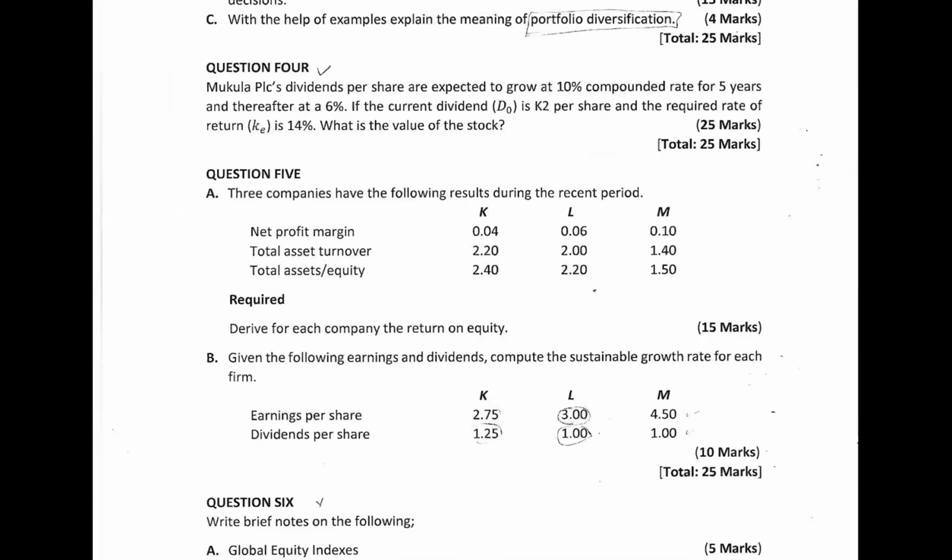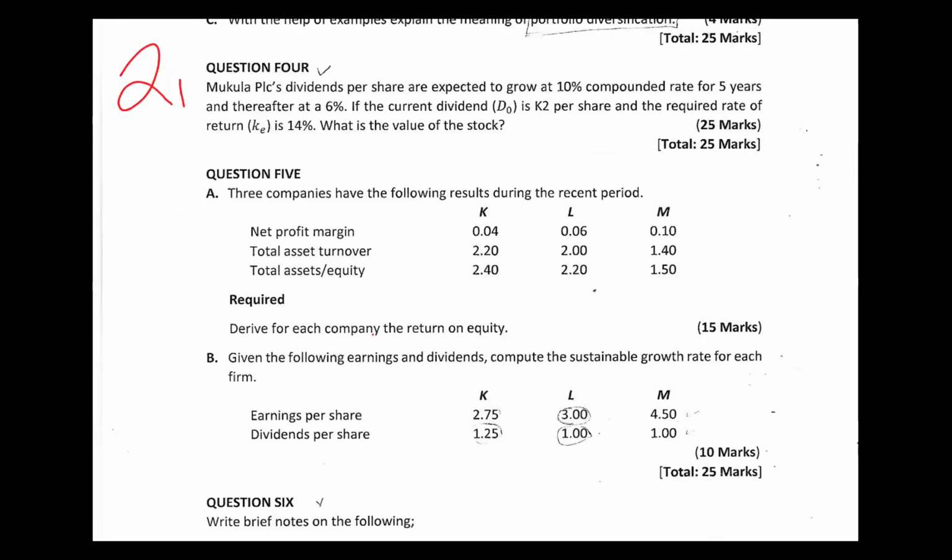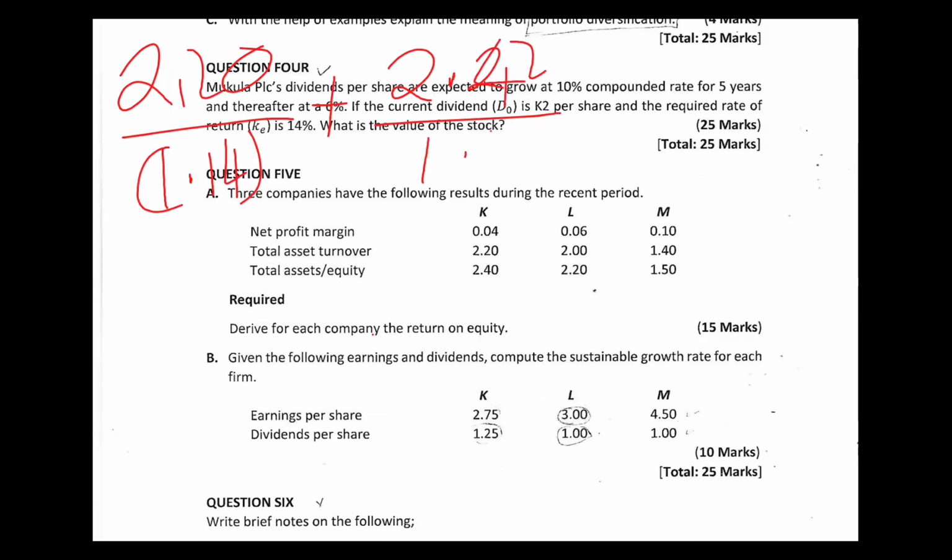If we have them, what was for the first year? 2.20, at 14%. The second one was 2.42 at 14% in the second year, that is the power 2. The third year, 2.66 at 1.14 in the third year.